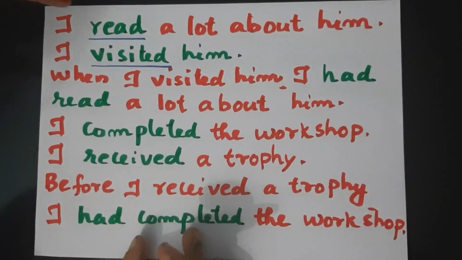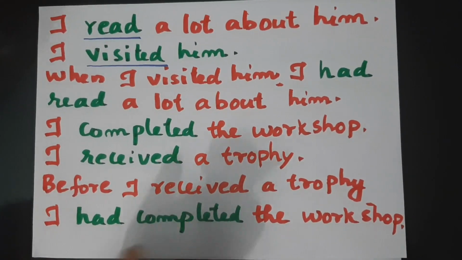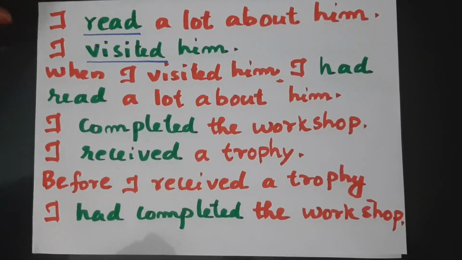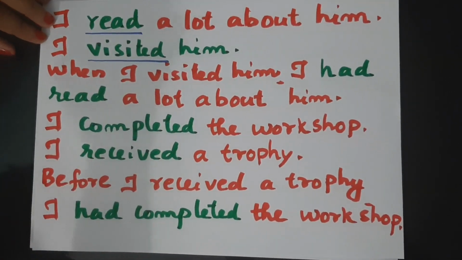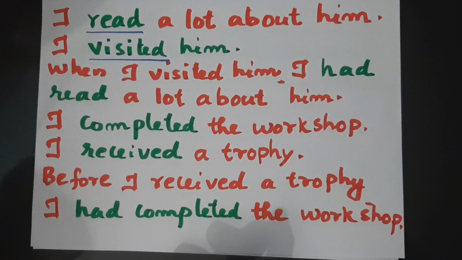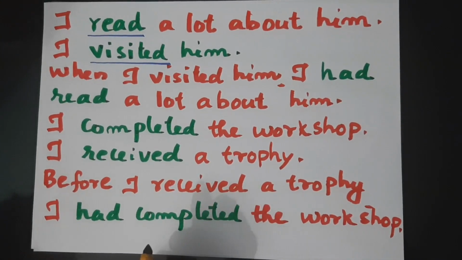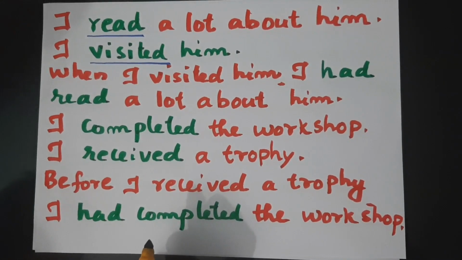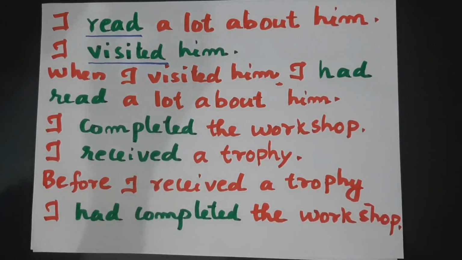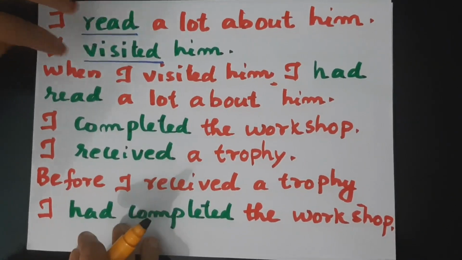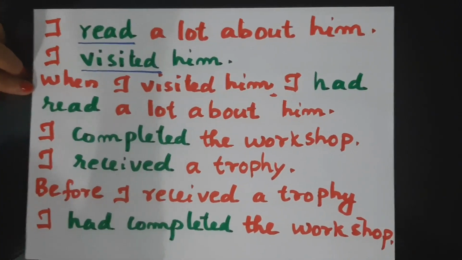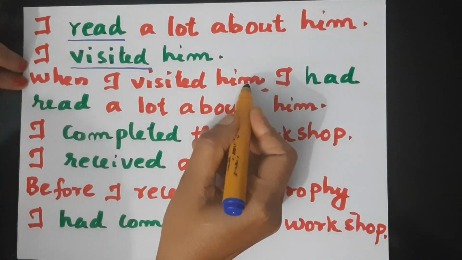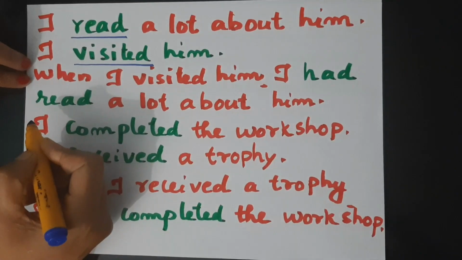So let's see how these sentences have been converted to past perfect. When I visited him, I had read a lot about him. It means after reading a lot about him only, I visited him. So when I visited him, I had read a lot about him.